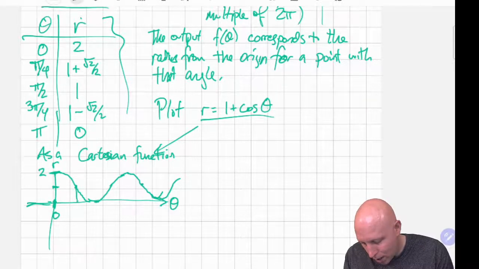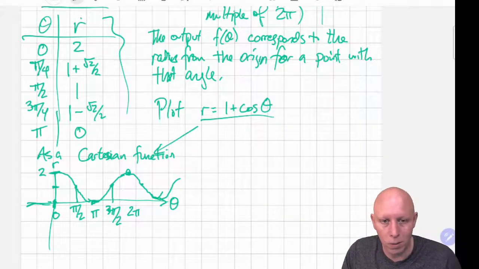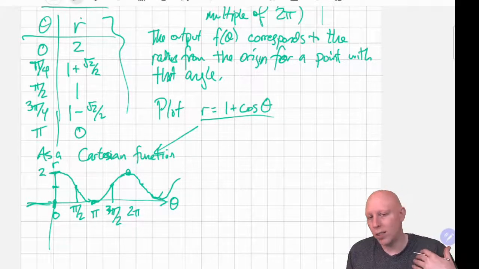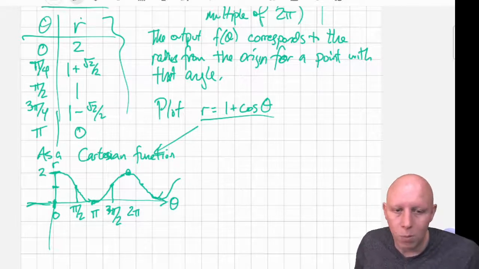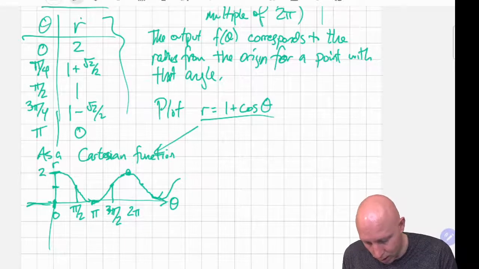At pi over 2, we're at 1. At pi, we're at 0. At 3 pi over 2, we're back at 1. And at 2 pi, we're back at positive 2. So this is plotting 1 plus cosine of theta as a Cartesian function. But what we'd like to do is plot it as a polar function.